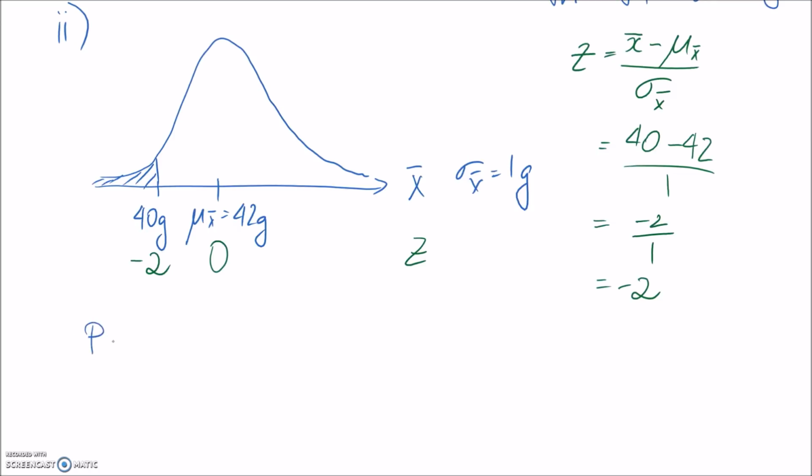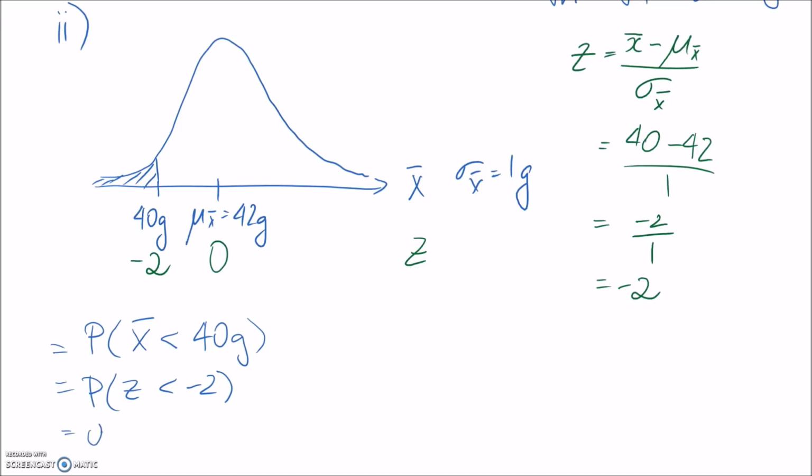So we're interested in the probability that our x bar, so the mean of our sample of 4 bags, is less than 40 grams, which is the same when we convert it to a z-score, that it's less than -2. Now again, we need to go through the process of rearranging this so that we can look it up in a table.